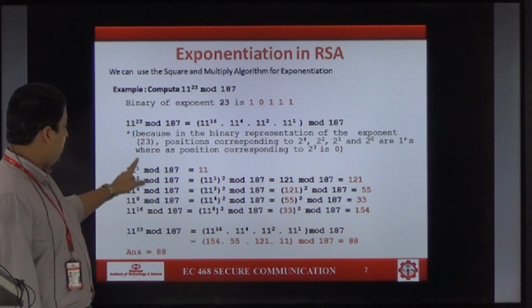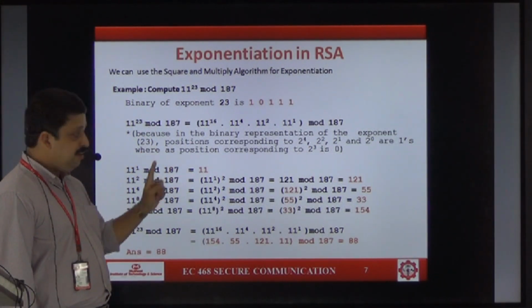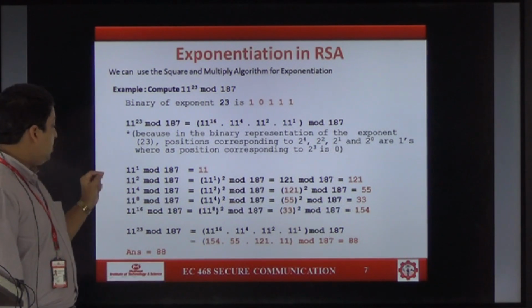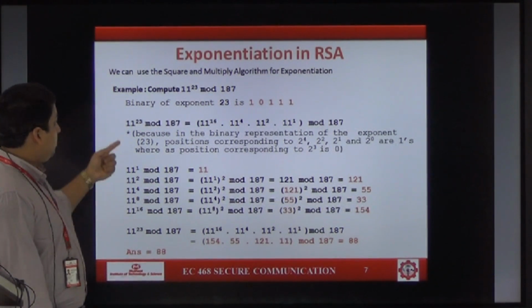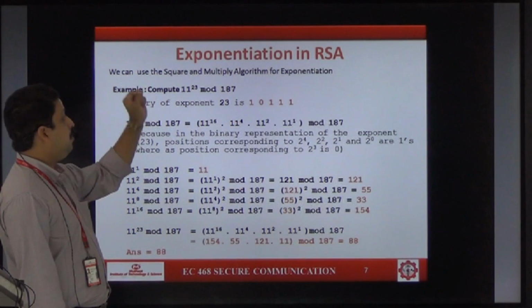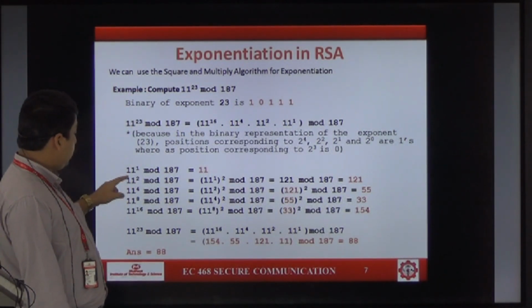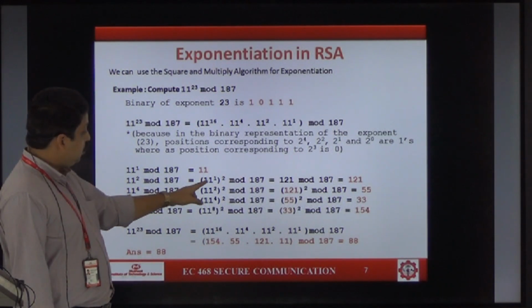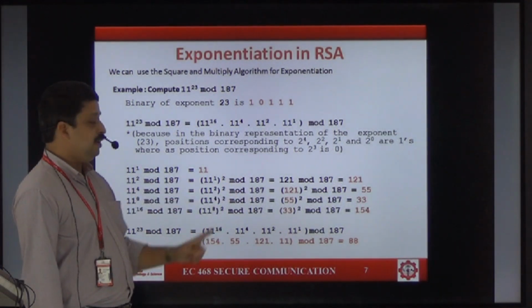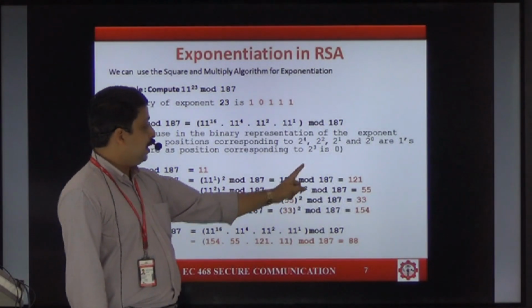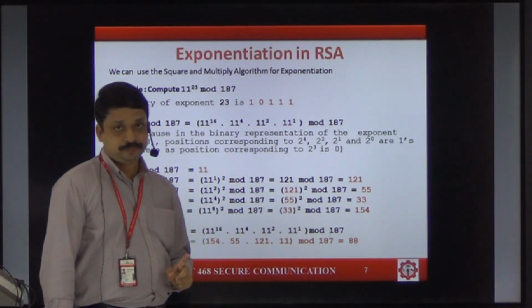So 11 to the power 1 mod 187 is 11 itself. Now the next one, we need to find 11 to the power 2. Basically the algorithm is square and multiply. We square 11 to the power 1 and get 11 to the power 2. So 11 to the power 1 whole square mod 187 is 121 mod 187, and the result is 121.